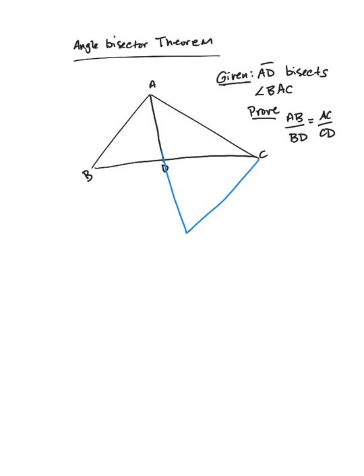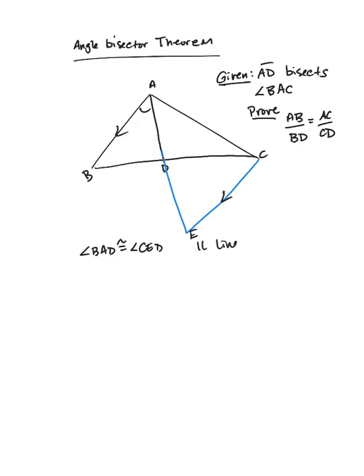So we know that angle BAD is congruent to angle, I'll call this E, angle CED. And the reason it's congruent is because I made this parallel, right?